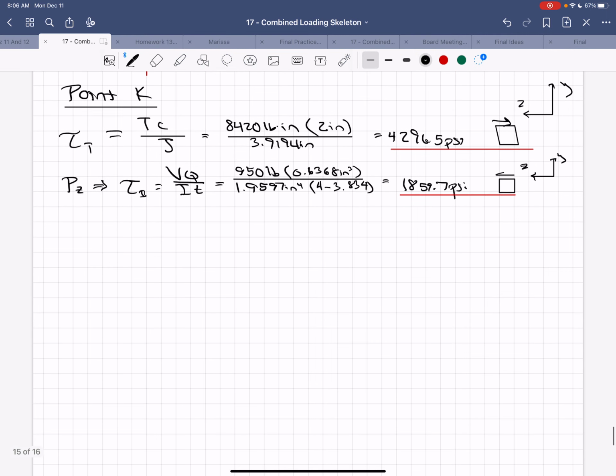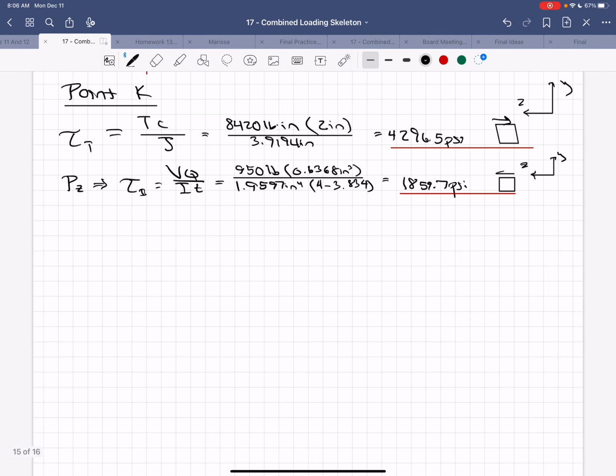So from PX, we get sigma equals My over I. That equals the 8160 pound-inch moment times the radius, 2 inches, all divided by I, 1.9597 inches to the fourth.